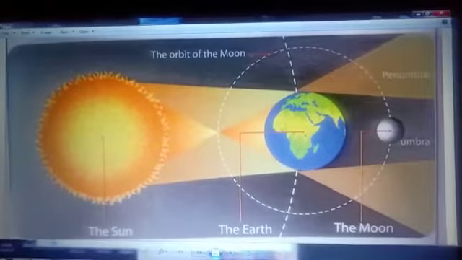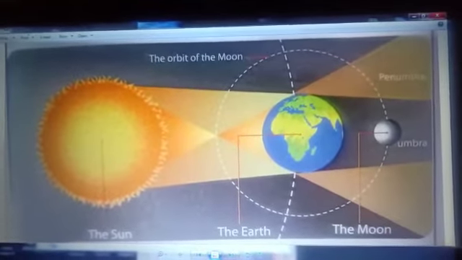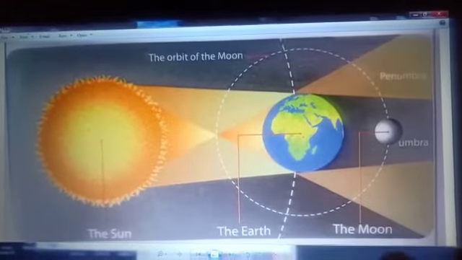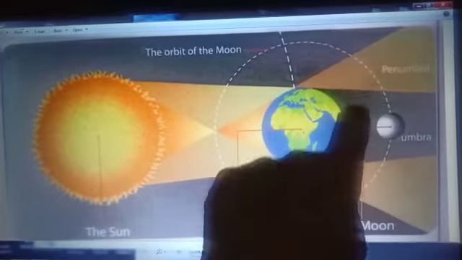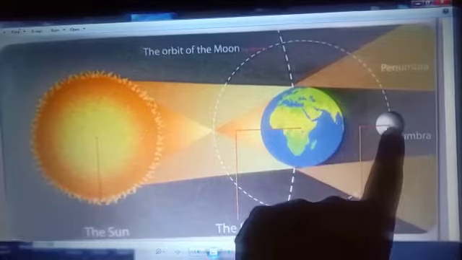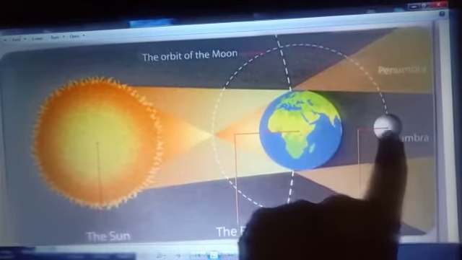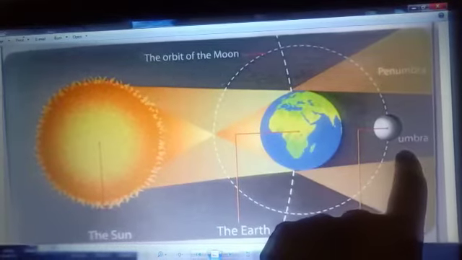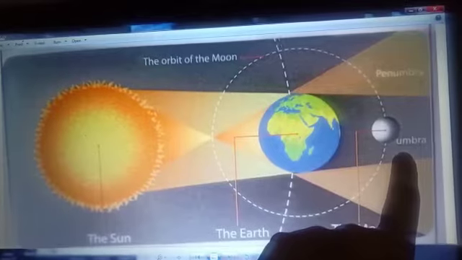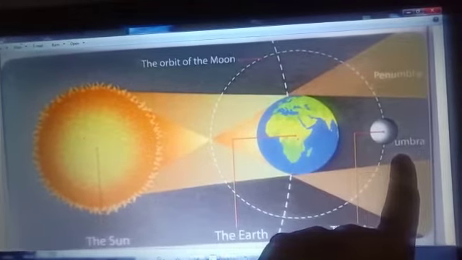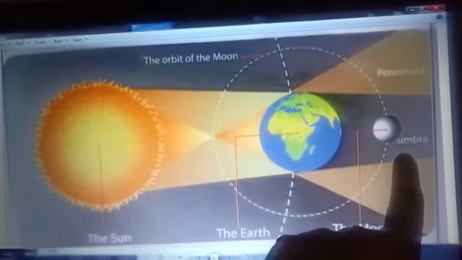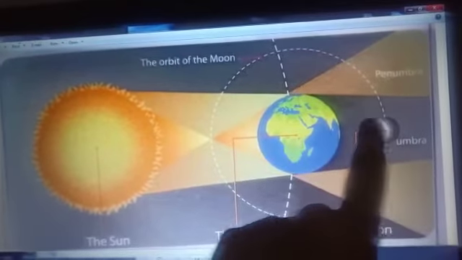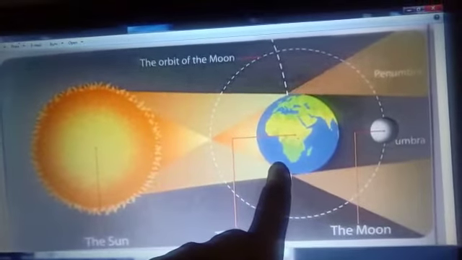According to the types of the shadow, we have 3 types of shadow: umbra, penumbra, antumbra. Actually, in the moon, if the moon is in umbra, so it will form what? Total lunar eclipse. Why is it lunar? Because earth is in the middle.